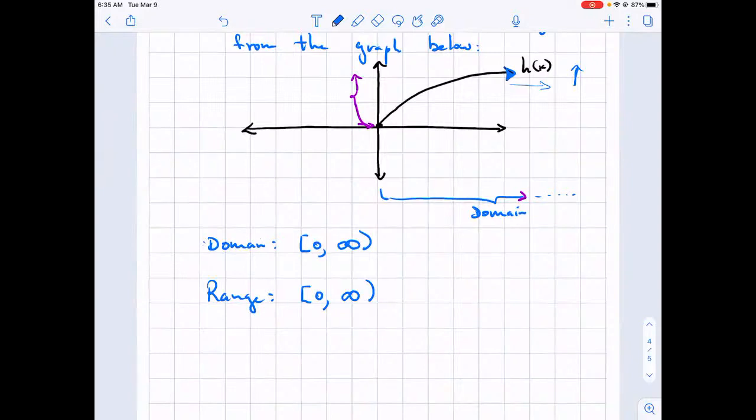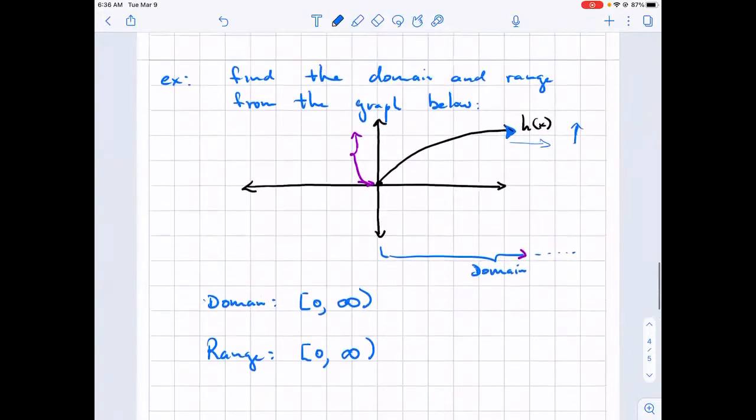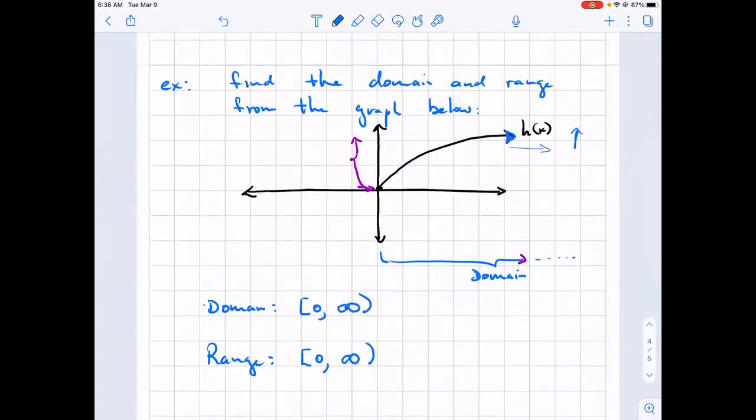So in a later video, I'm going to show you a bunch of graphs, at least 6, 7 graphs, which we call sort of the parent functions, and you should know what the domain and range is, okay? So this is just an example of how to find the domain and range using graphs, okay?